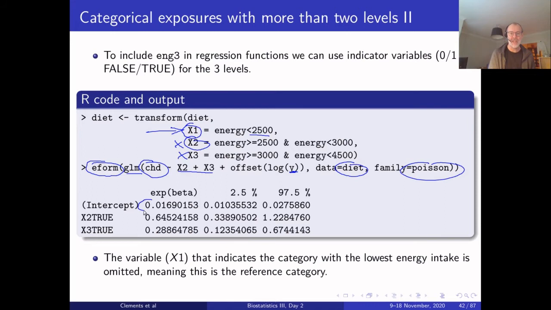So this is the rate for the baseline, and then these are the incidence rate ratios comparing this level with this level, and this is the rate ratio comparing this level with this level.